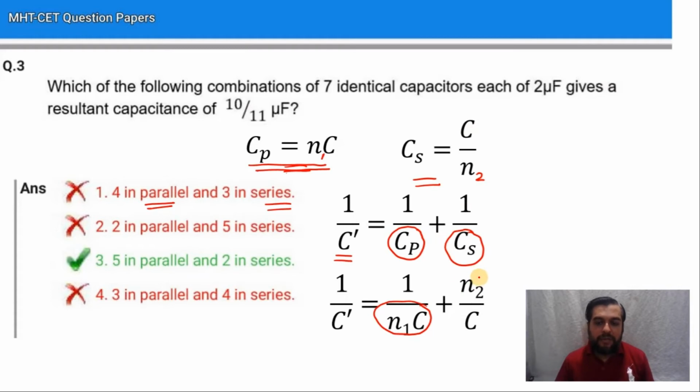Reversing this, it becomes n2 by C. Solving this further, 1 upon C dash is equal to 1 upon C, brackets, 1 plus n1 n2 upon n1, where n1 is the number of identical capacitors in parallel, and n2 is the number of capacitors in series.